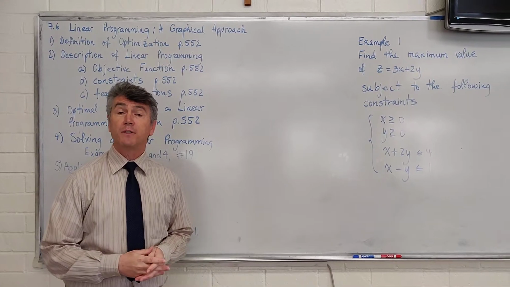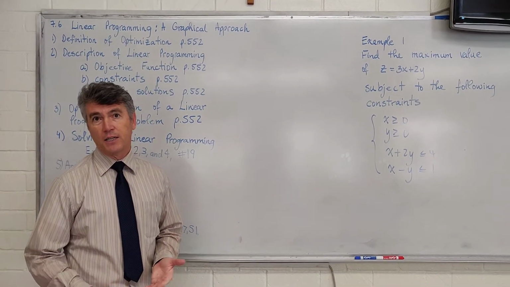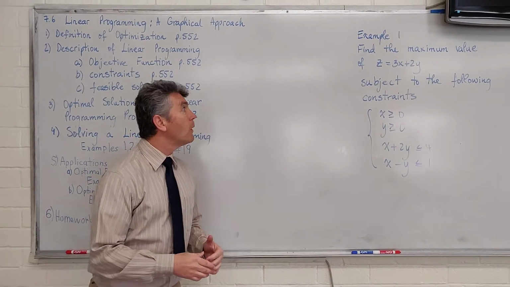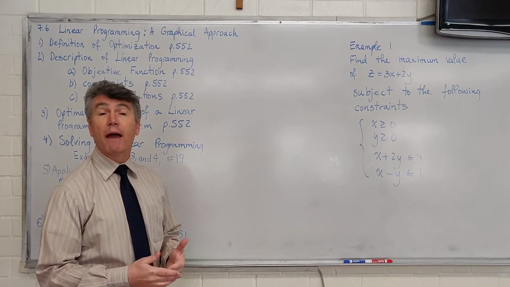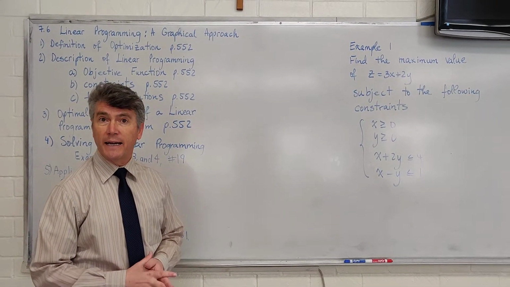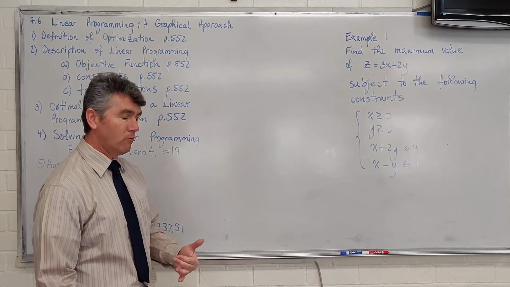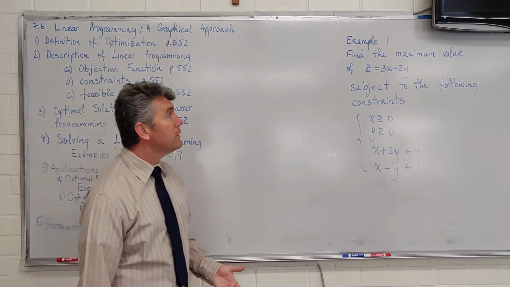So the optimal solution doesn't have to be unique. In other words, it can occur at more than one vertex. But when you get that maximum or that minimum, that maximum or minimum will be a unique number. So even though it might occur at more than one vertex, the solution will be unique.